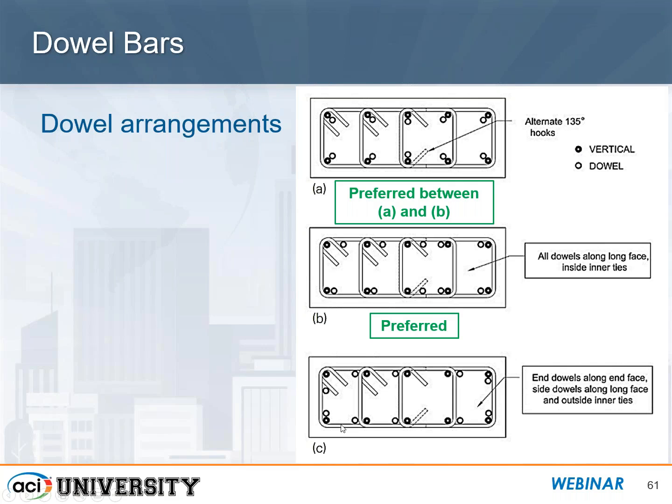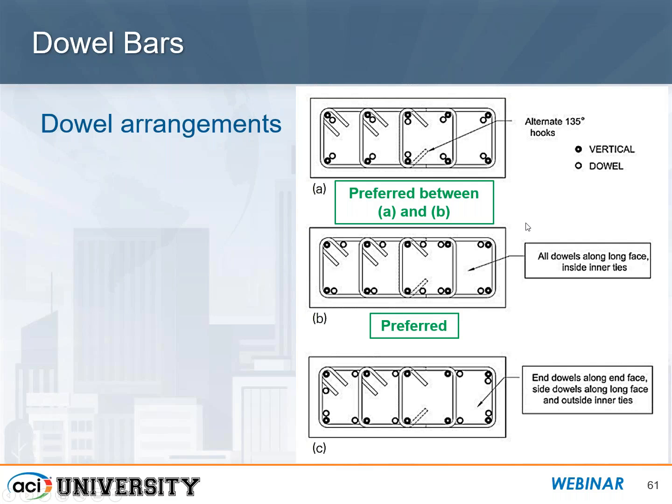You can see the ties in the column are basically all the same. But the main reason that A and B are preferred over C is because the dowel bars are on the side of where the hooks are, either inside or outside of the hook. Okay, that's the main reason.